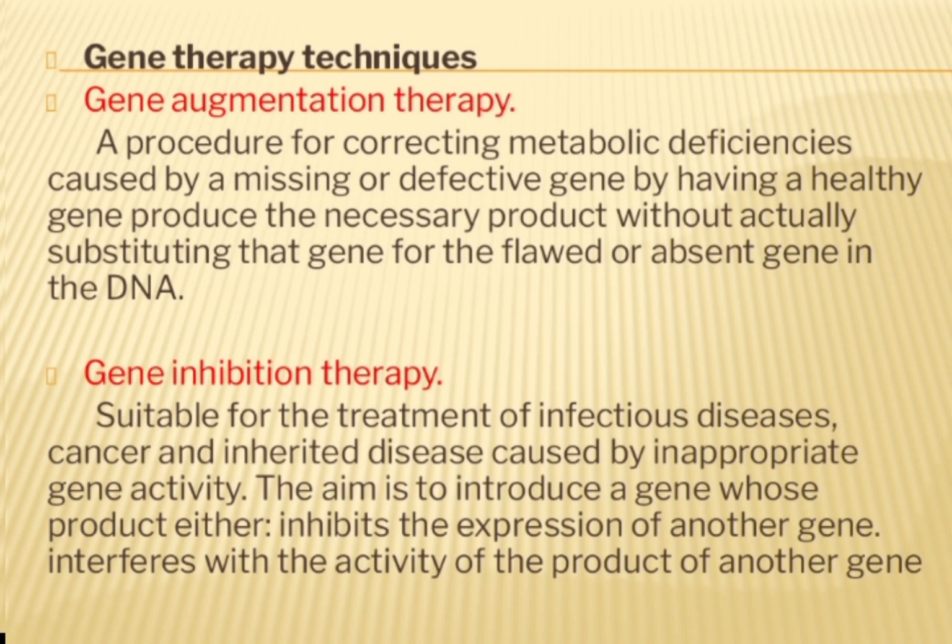Gene inhibition therapy is suitable for treatment of diseases such as cancer and other inherited diseases. The aim is to introduce a product that either inhibits the expression of another gene, or interferes with the activity of the product of another gene.